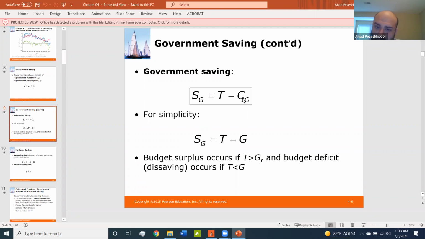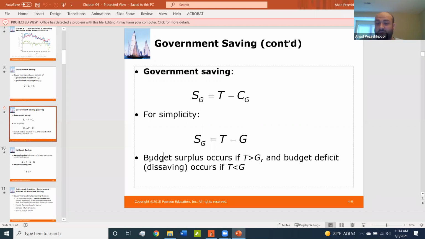Government's consumption, for simplicity, is also called government expenditure, from the GDP formula, if you remember. Now, have you ever heard the terms budget surplus or budget deficits?